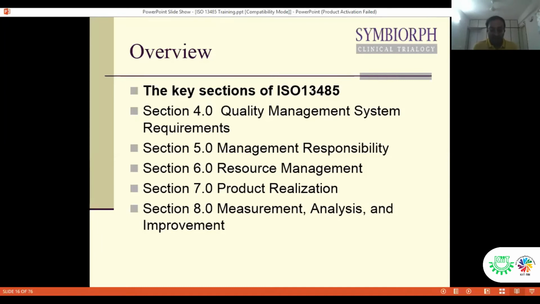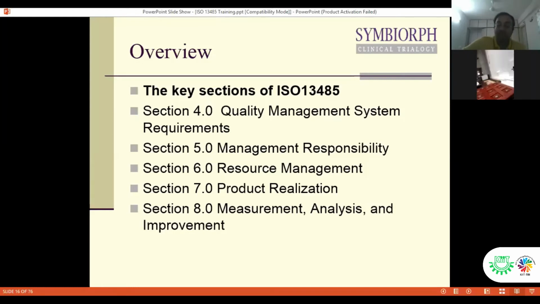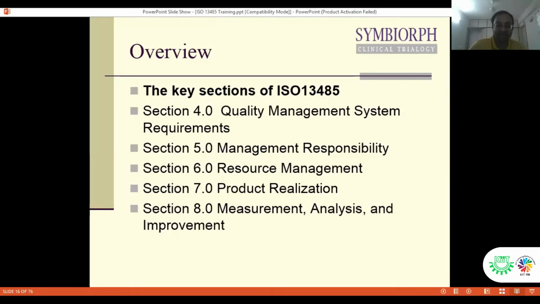Many startups have questioned that since we are not doing the manufacturing activity in-house, whether 13485 is going to be applicable to us or not. My answer is yes, because as per 13485, you are only outsourcing one particular section, clause 7, to the contract manufacturing company, but all the clauses like clause 4, 5, 6, and 8 are still going to be applicable to you.